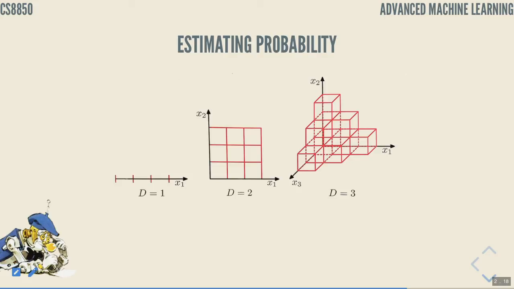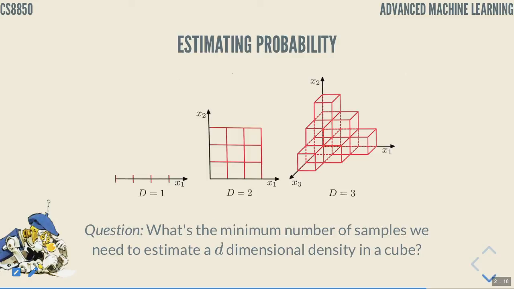Another example is, imagine that we need to estimate a probability distribution. To estimate a probability distribution in this dimensional space, what's the minimum number of samples we need to estimate a d-dimensional density in a cube? If we have, say, 1 sample per bin, that's the minimum that we need.